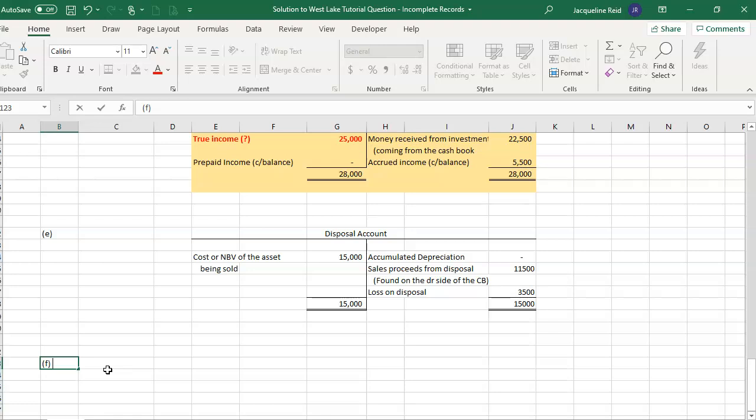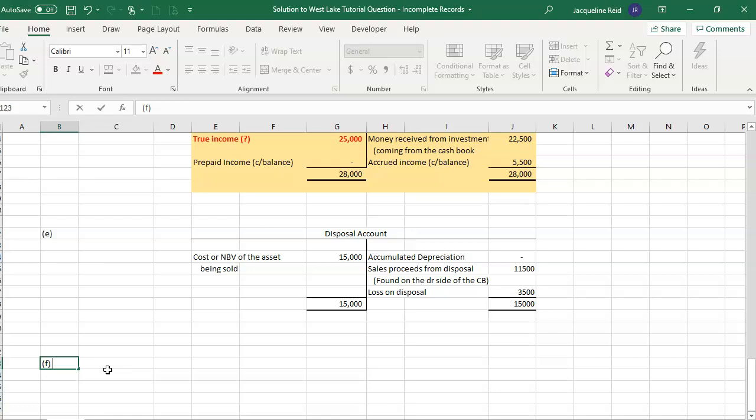The motor vehicle at the start of the year had a net book value of $40,000. Remember now, net book value means that the cost and the depreciation are mixed up in the same account. So if the value falls to $36,000, it means that the difference is because of depreciation.